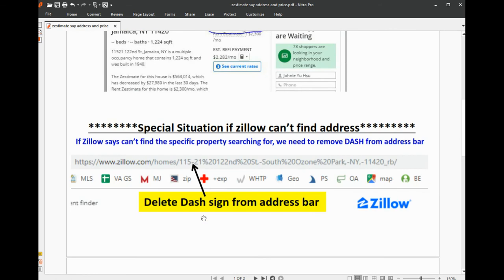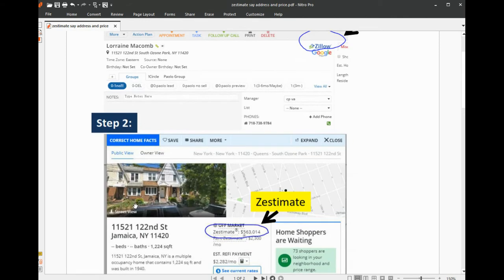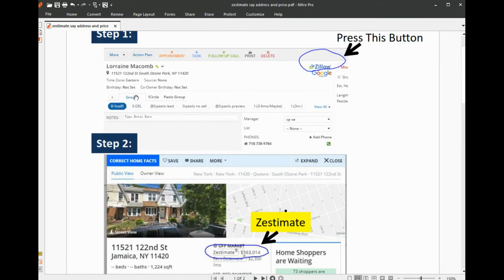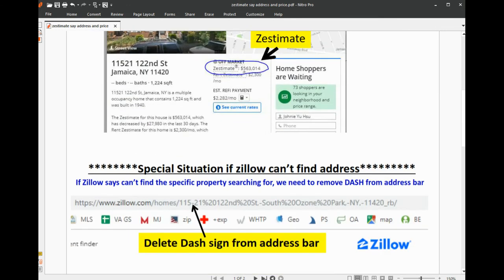So if we were to go to this scenario, if we can't find the address on Zillow, what you do is you just remove this dash. Okay, a lot of times, see, for this case, it's connected, right? Zillow doesn't have a dash, but a lot of addresses will have a dash.